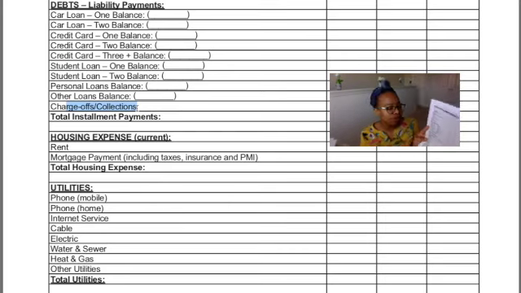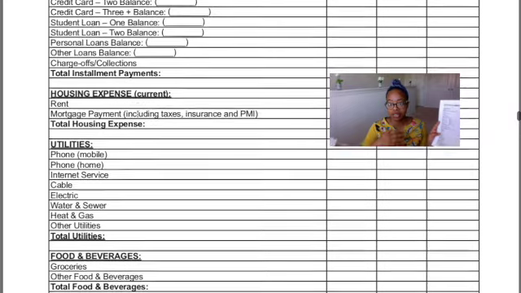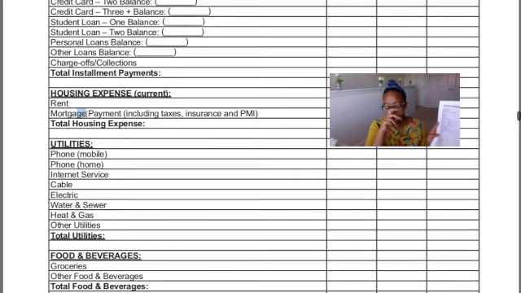Please note that your charge-off and collections will have to be paid in full if it's less than 2 years old. So your NACA process is going to also depend on what your credit and your report is looking like. Your rent amount, the mortgage payment, if you're paying a mortgage payment, this is for people who are more so on the home save program.